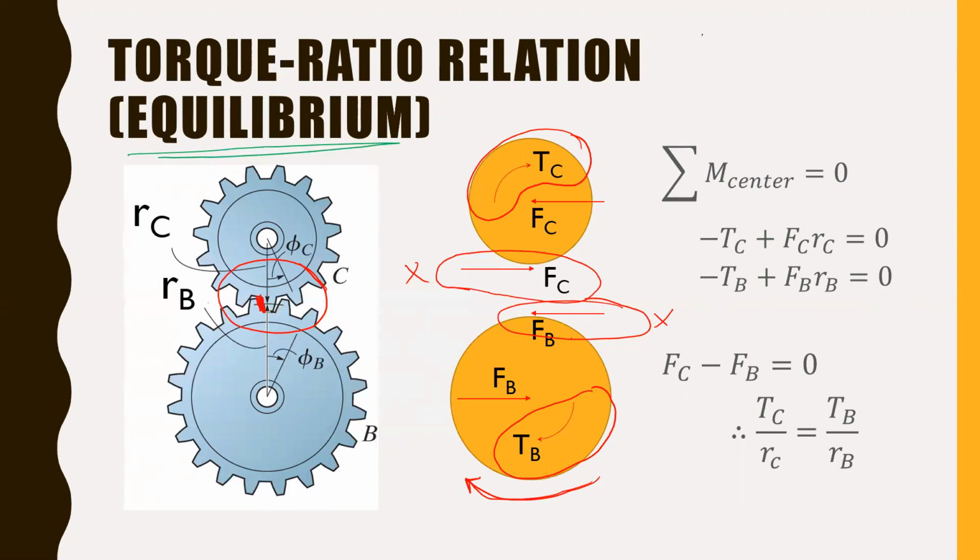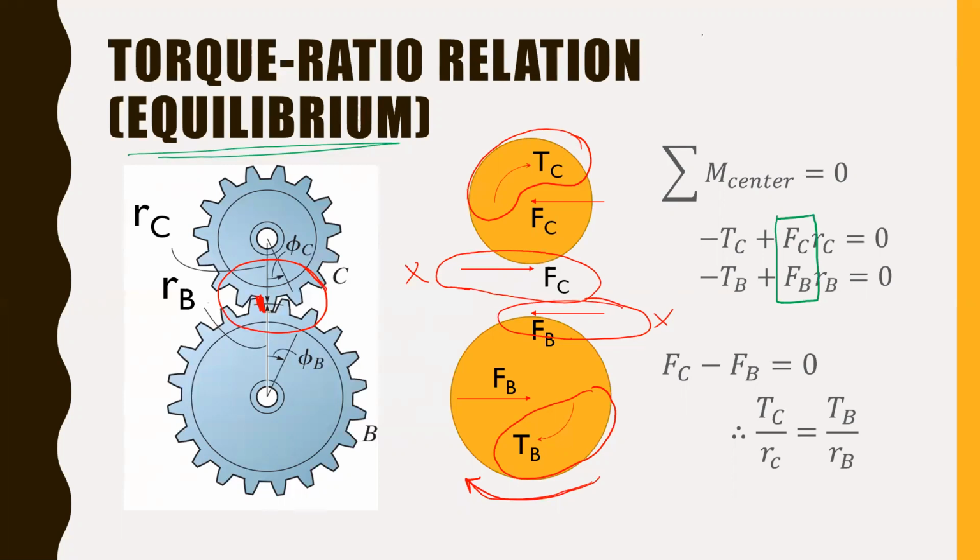Similarly, on the bottom, the torque acting on the gear is going to create a negative moment, and the reaction force is going to create a positive moment. Once again, the reaction is acting a radial distance away from the center. We know that these two forces are the same, right? Equal and opposite reactions.